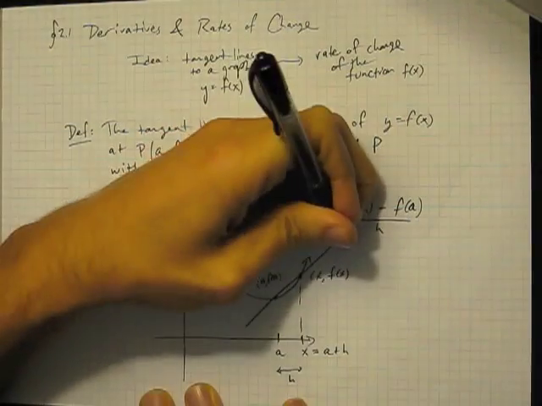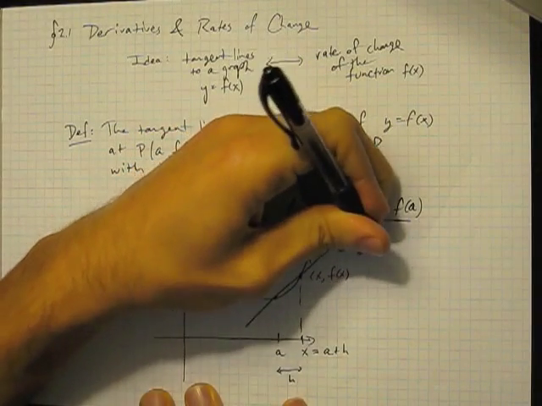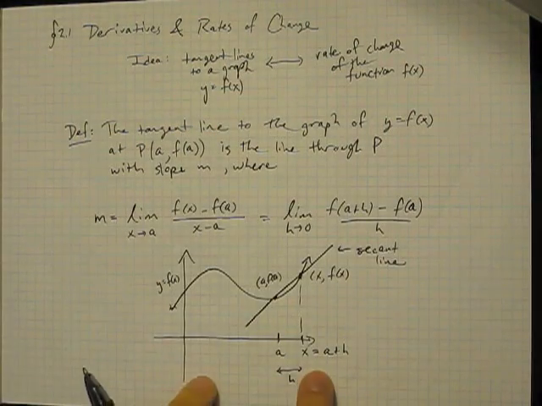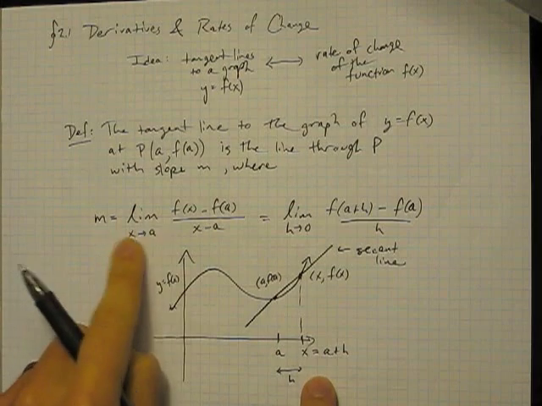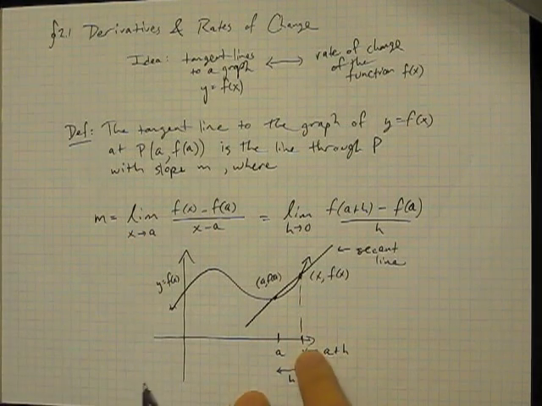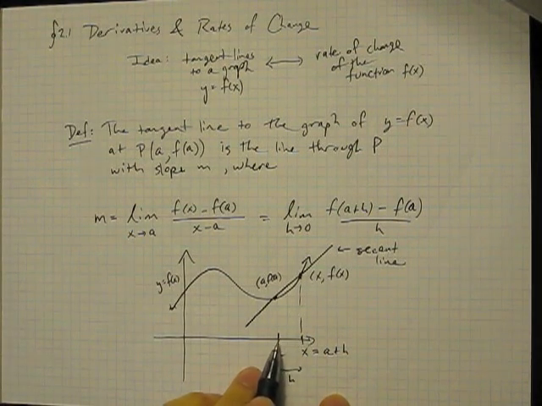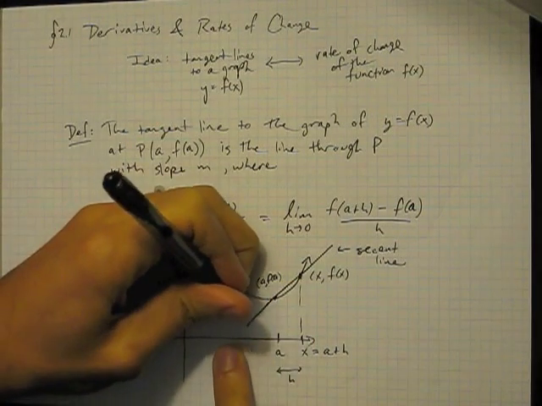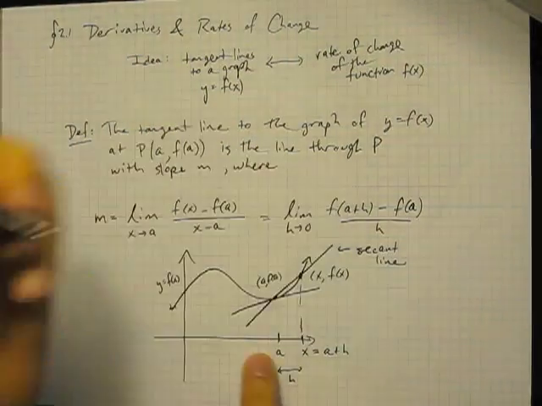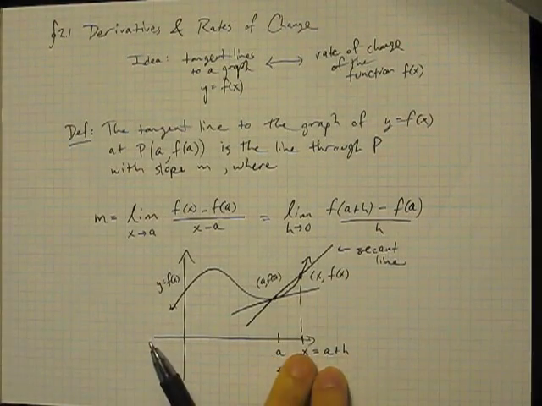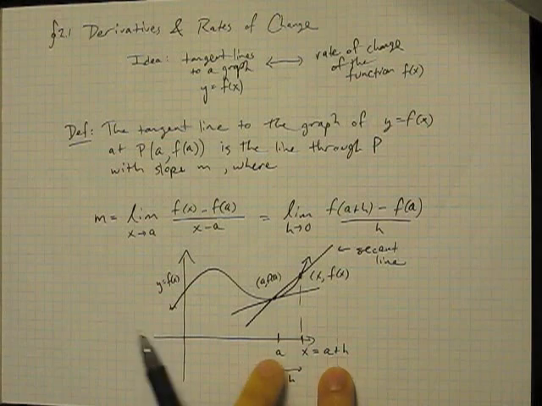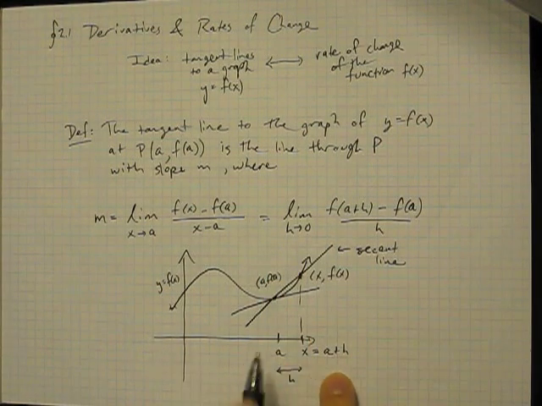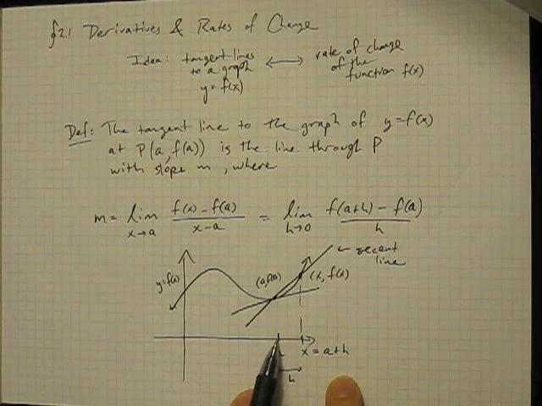Okay, so this is the secant line that we've talked a fair amount about. And in either of these, as you let x approach a, that means this point right here is getting closer and closer to being at that value there. This secant line will look more and more like the tangent line to the graph. And if you consider it as this ratio, where you're using a and a plus h, then as h goes to 0, again, this point will get dragged closer and closer to a.